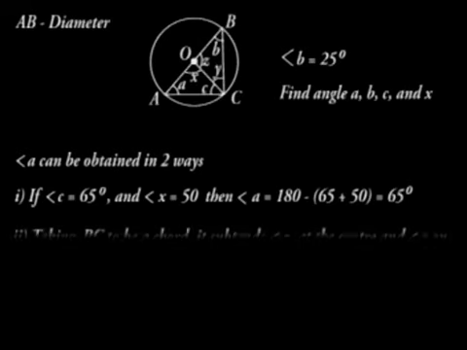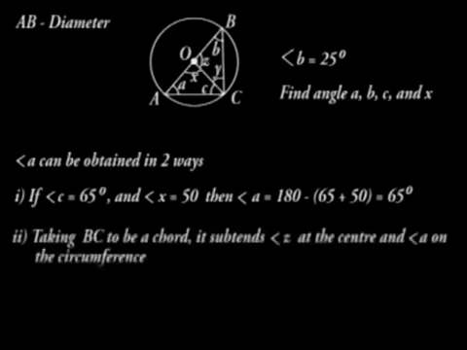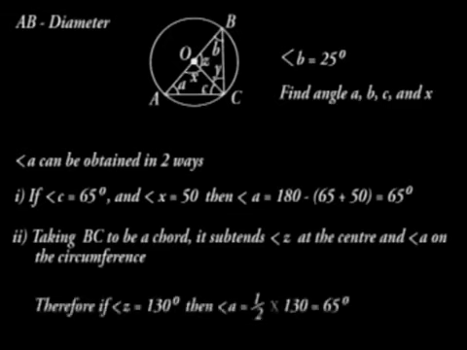Two, taking BC to be a chord, it subtends angle Z at the center and angle A on the circumference. If angle Z is 130 degrees, then angle A is a half of 130, which is 65 degrees.